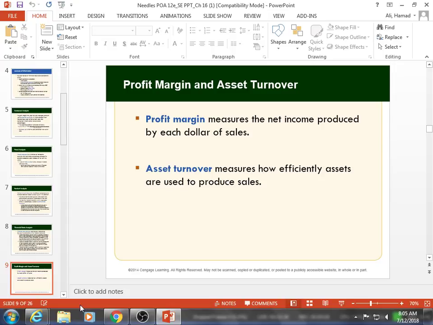I think we are up to the last one. We got up to the long-term solvency. We didn't do that one, but we did the ones before that, correct? It was the last one we did.